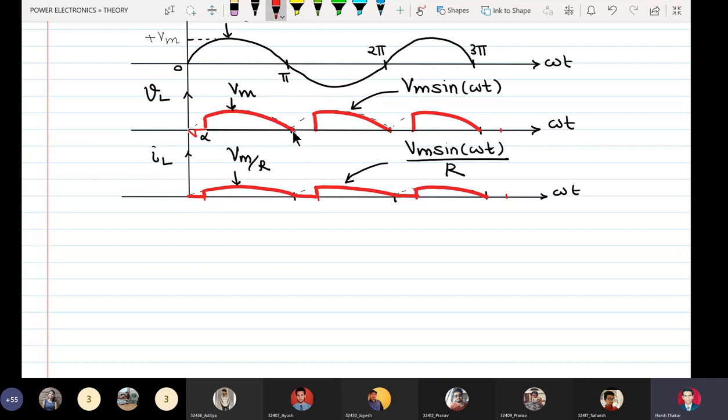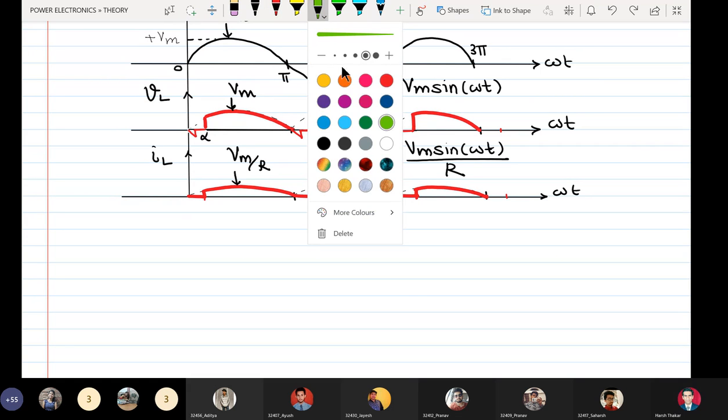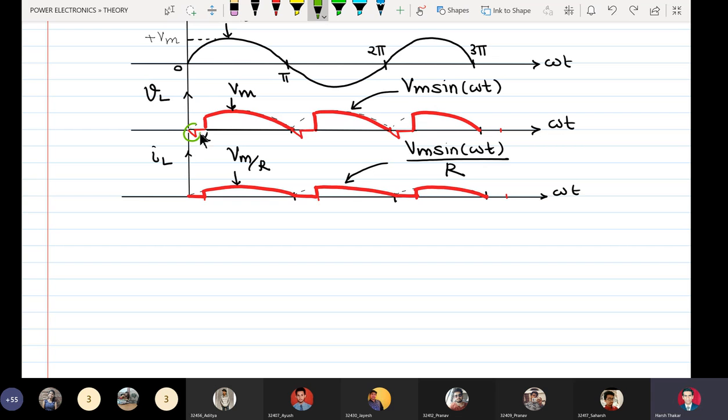Yes, students, this negative portion has got added, which was not there before.